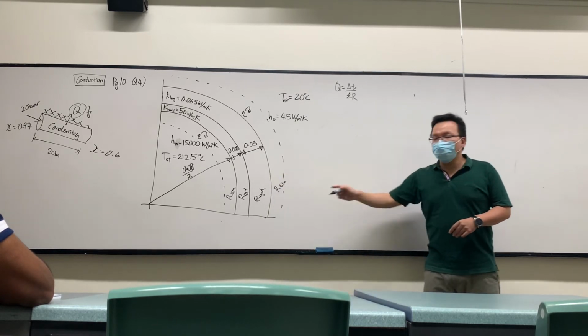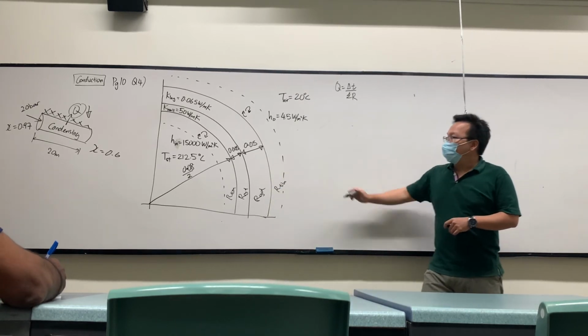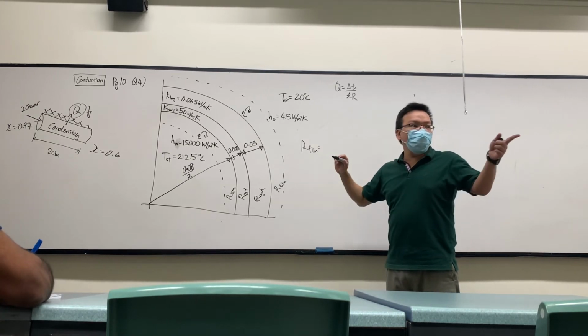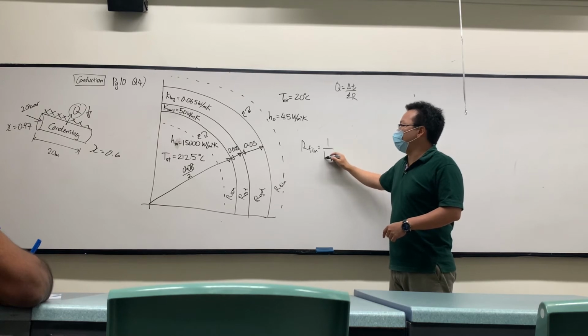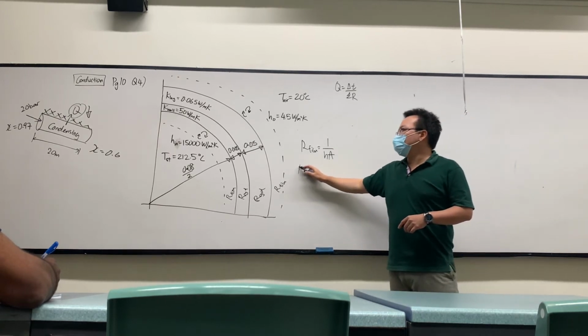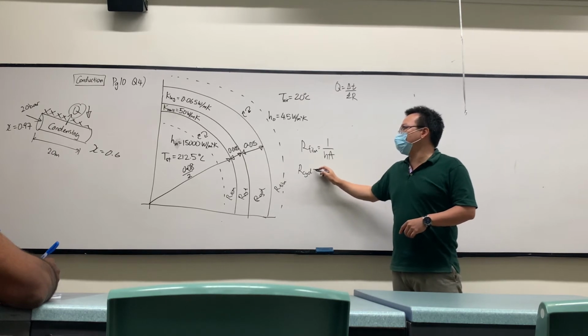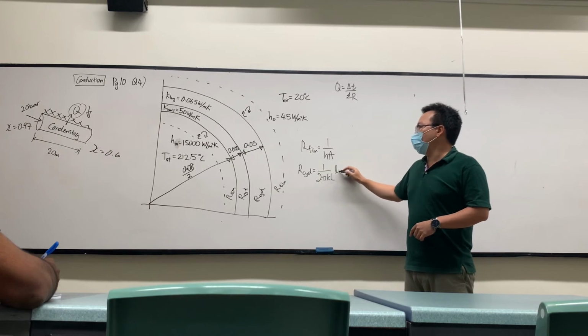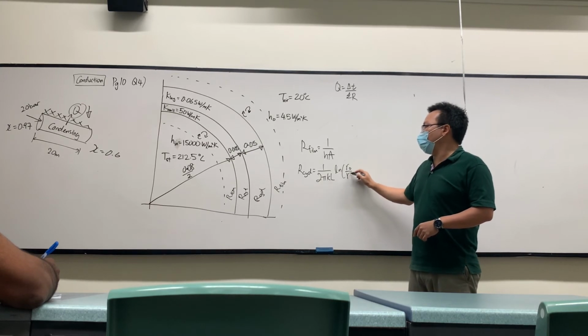Okay, so I write it down here for you guys, for you to take note. R film, as shown in your formula list, is 1 over HA. R cylinder, as shown in your formula list, which I haven't taught earlier, is 2 pi KL over ln RO over RI.